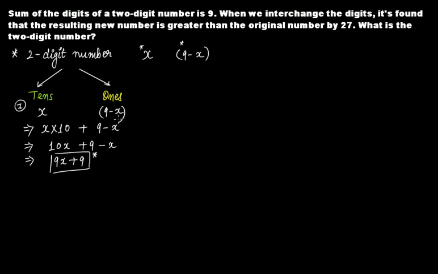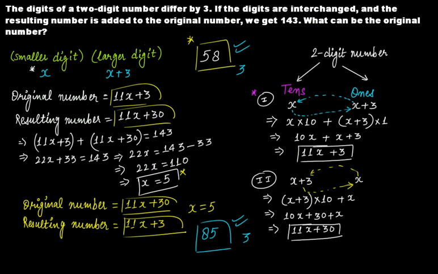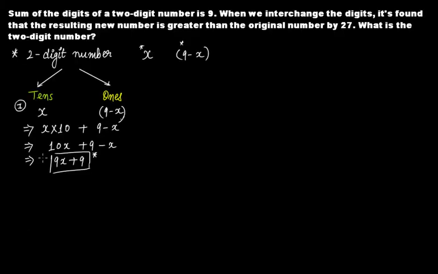So the same question will come into your mind as it would have come in the previous question, that can't we put 9 minus x at the tens place and x at the ones place? Yes, you can. Okay, so if you put this one, in this case your number will be 9 minus x times 10 plus x.